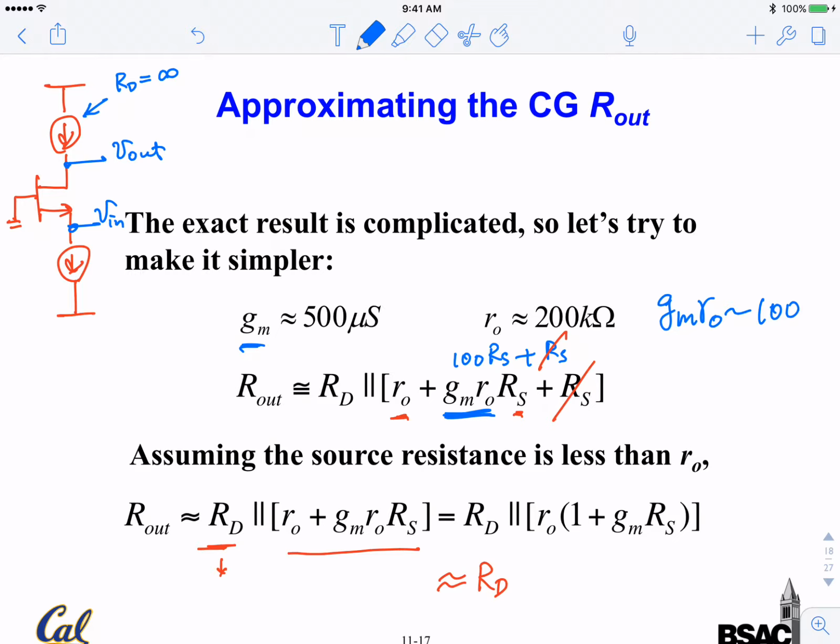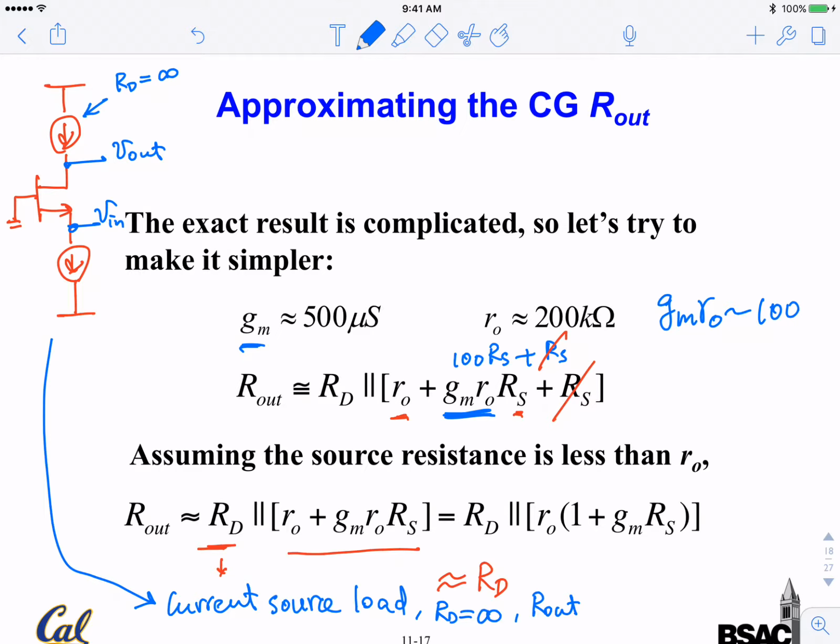So if I have a real resistor, my output resistance is limited by RD. But if I have a current source load, which is equivalent to saying RD is infinity, in that case, my Rout remains very large. My Rout will be R0 plus GM R0 times Rs.